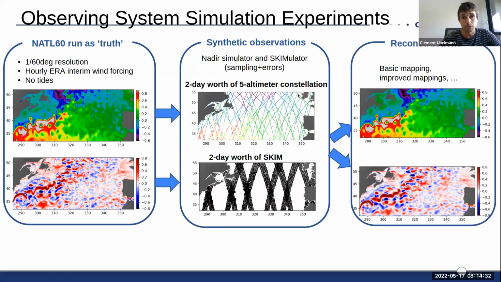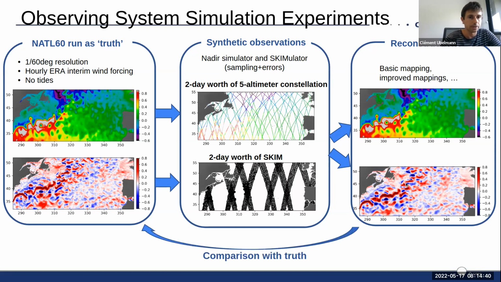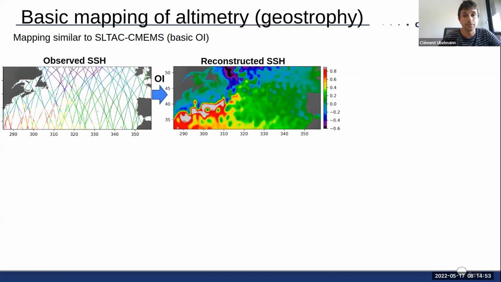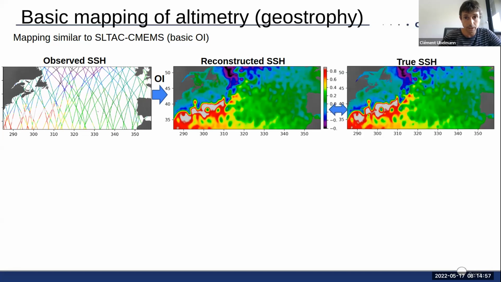And then we tried a different algorithm for reconstruction, in particular reconstruction of the surface current, to be compared with the ground truth, which is the general principle of OSSEs. First, we applied the very standard mapping of Aviso to reconstruct the SSH field.